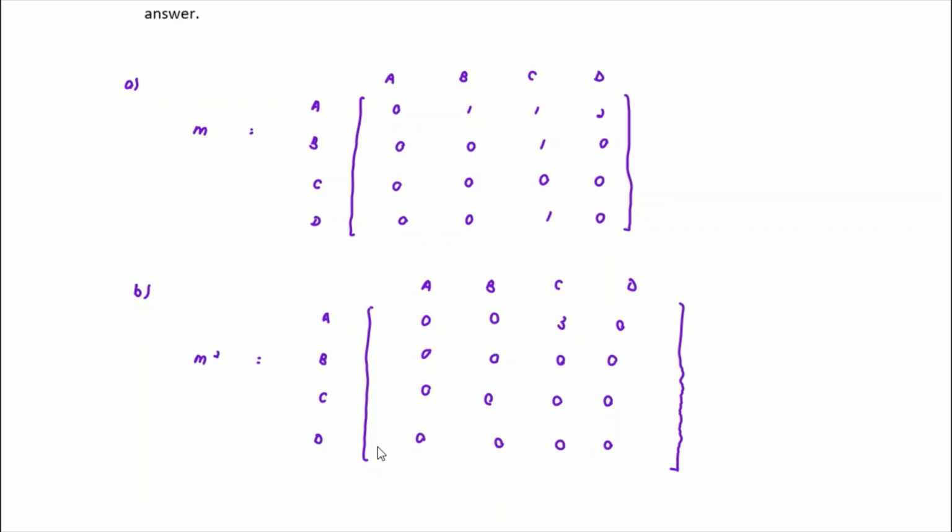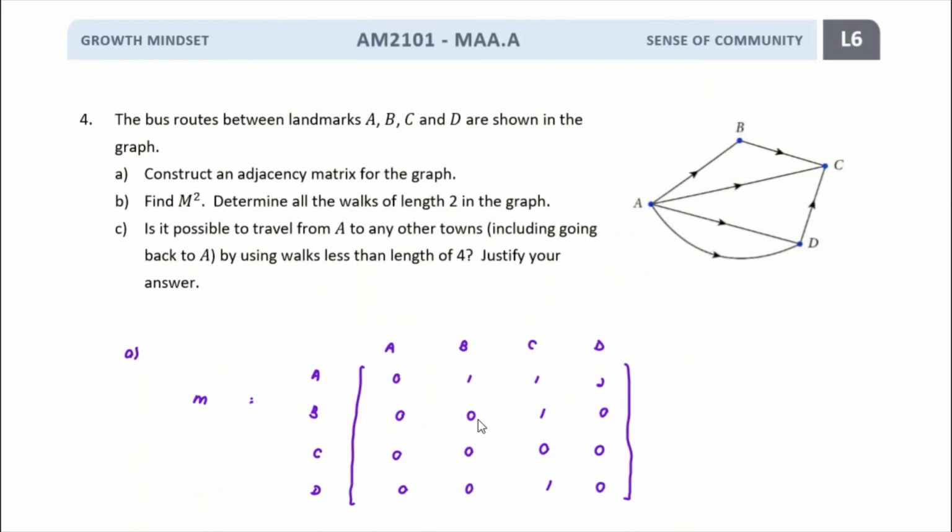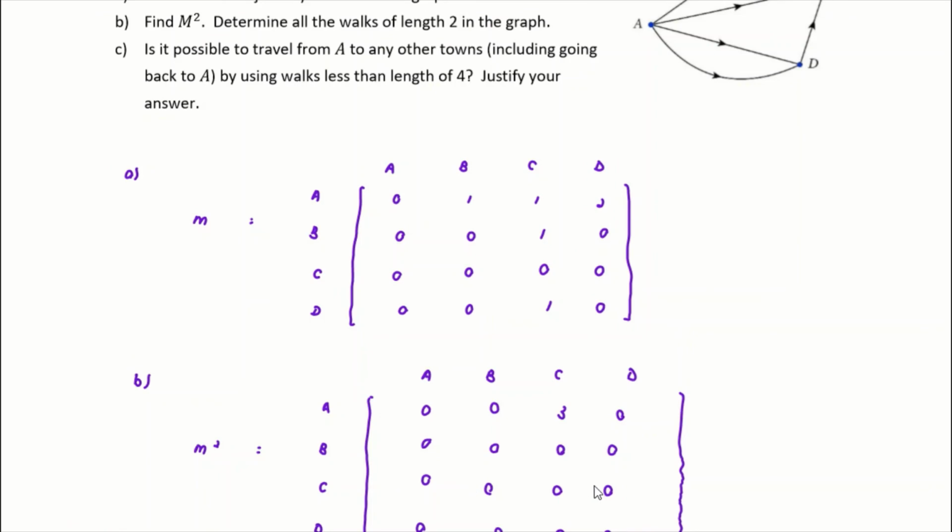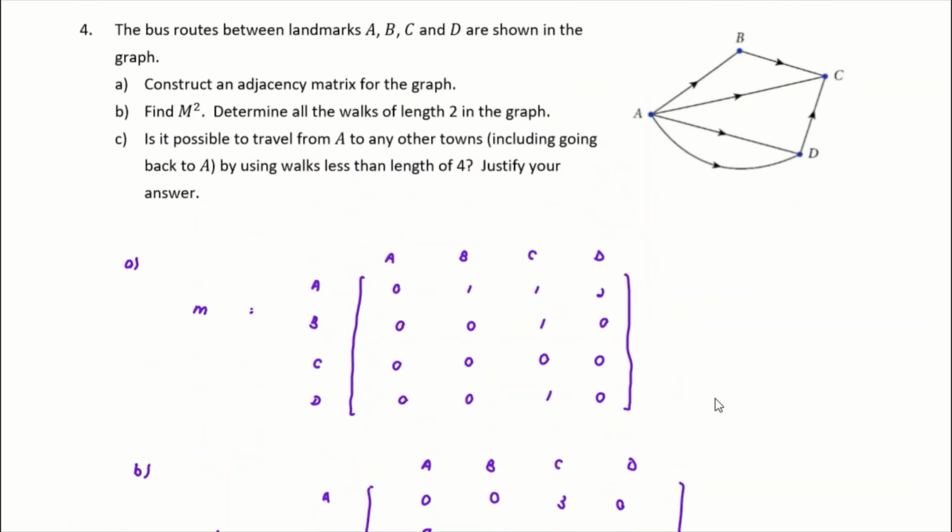So you can check it out. For B, C, D, definitely, one example for C, there's no out degree. Am I right? You cannot see any direction counting out from C. So definitely you cannot have any walk that starts from C, so C is going to be all 0. Then why is D also 0? You can try to check.